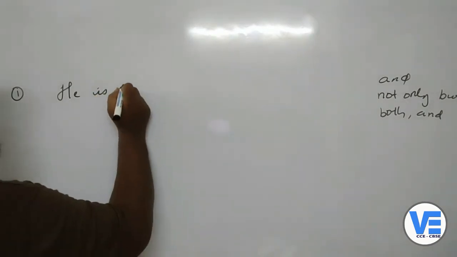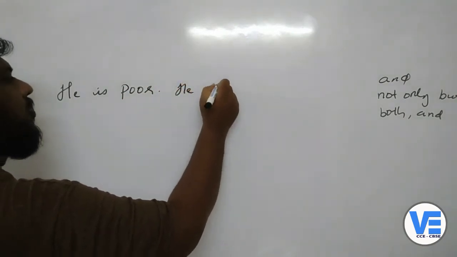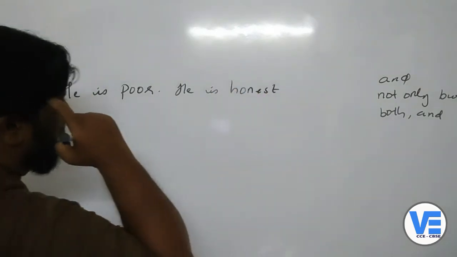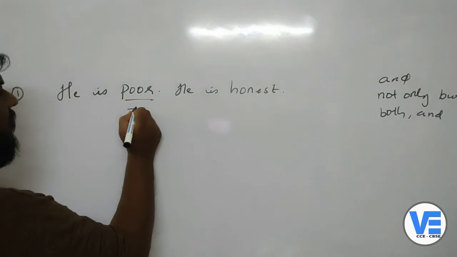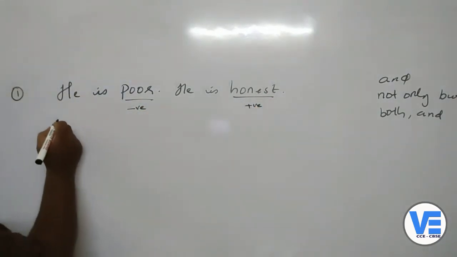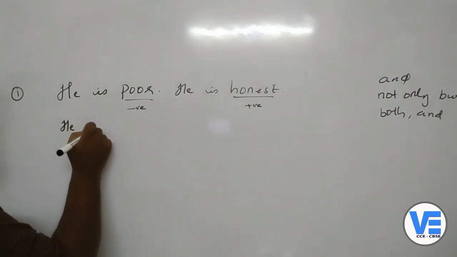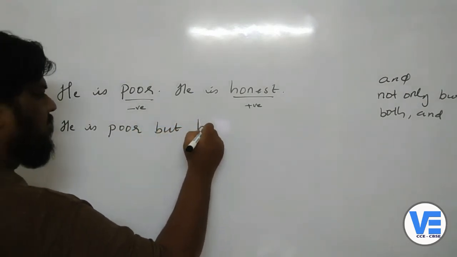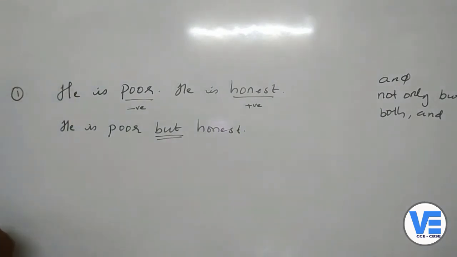Now we'll take one more example. He is poor, he is honest. Already we have said that this is a negative sign and this is a positive sign. So how do you join the sentences? He is poor but honest. So you are using the conjunction but here.